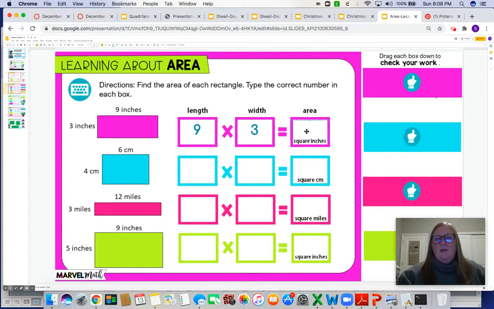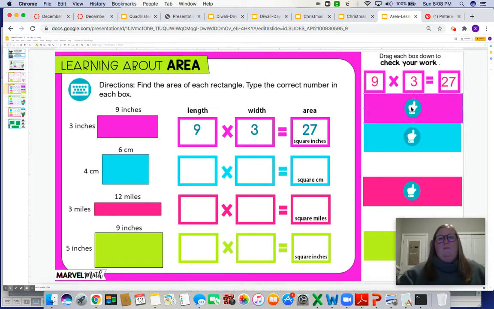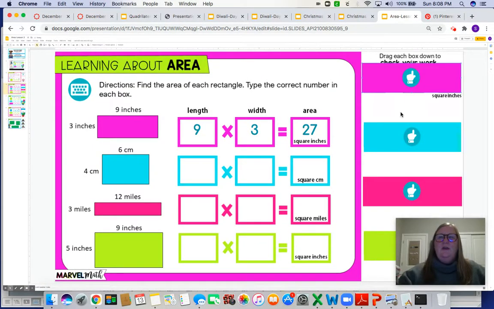Since Miss Cooper has studied all of her multiplication facts, I know that 9 times 3 is 27. Then you're going to go up here and you're going to drag down this finger and check your work. 9 times 3 equals 27. You are going to do the rest of this page just like that and check your answers when you're done.